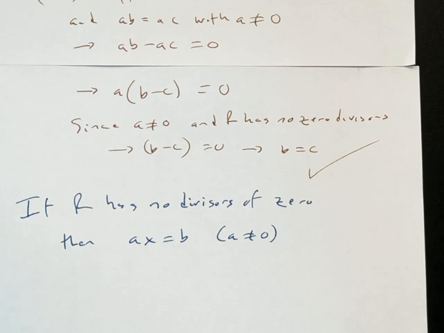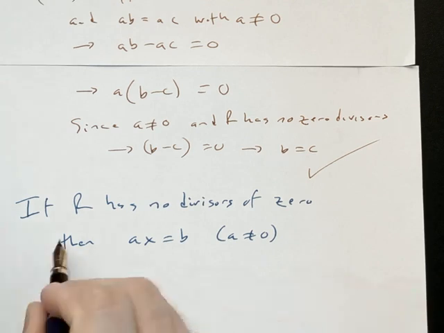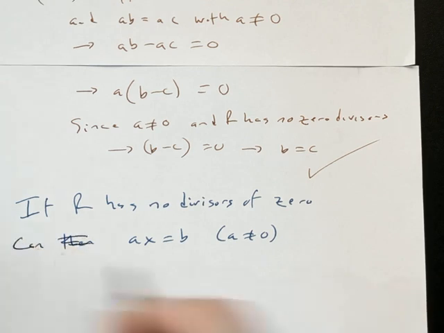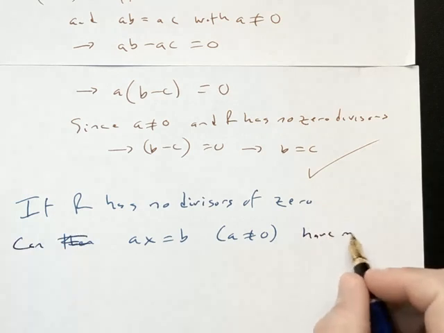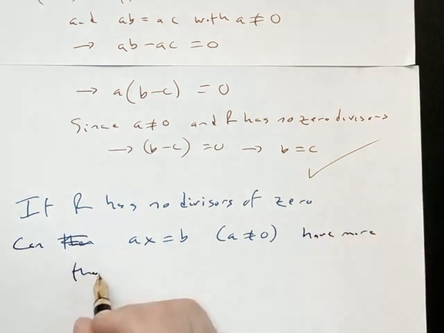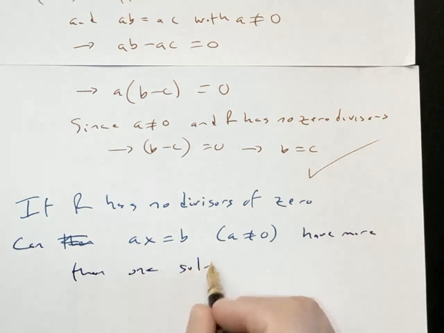Would it depend on what universe we're working in? As long as I'm in a ring that has no divisors of 0, I've stated the critical piece of information. So if I don't have divisors of 0, can this have more than one solution? Let's actually try and answer the question.